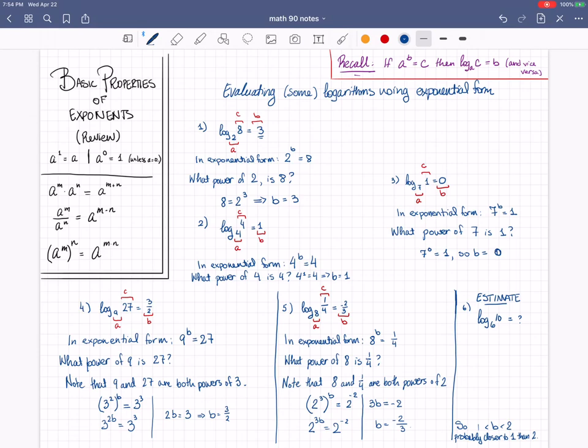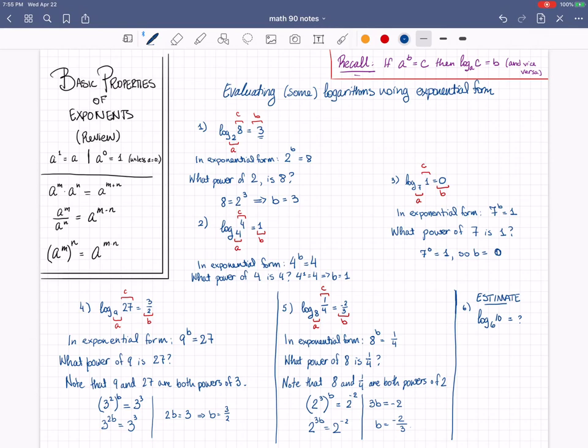So one thing that you might be thinking about here is, well, this is all very well and nice when A and C are either powers of each other, like obviously, or at the very least they're both powers of the same number. So it's easy to figure out what B is from there. What if you have something like what we see here in number 6, where you're taking log base 6 of 10?